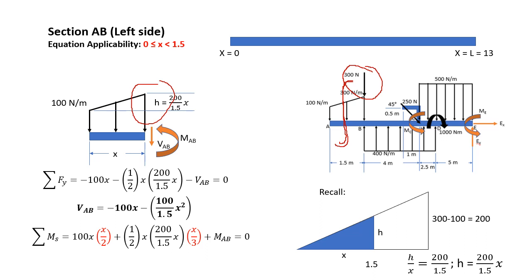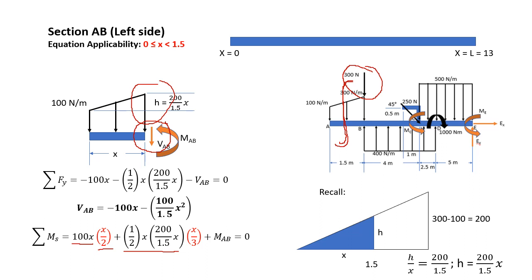Next, we would be summing moment. Again, please be reminded that we are summing moment here at the section, so that VAB would not have a moment at that point. Okay? So, of course, we have the rectangular load. It's base times height, 100x, and then this is the moment arm, x over 2. For the triangular load, again, it's 1/2 base times height. That's the area, and that's the total force.